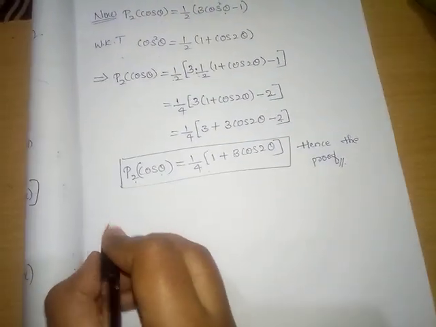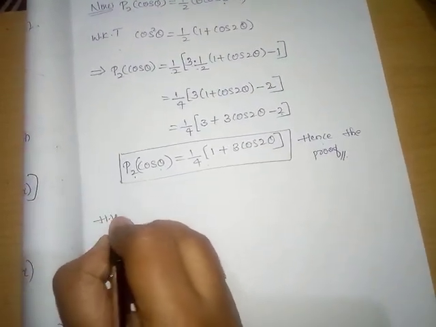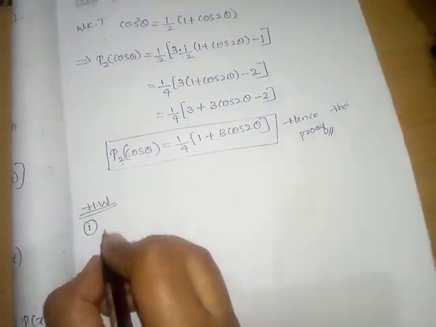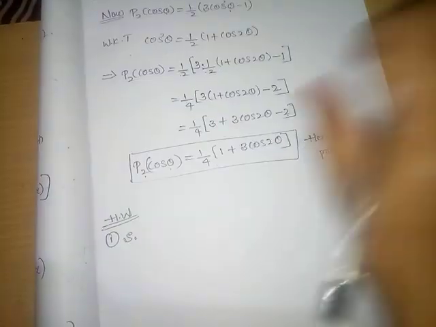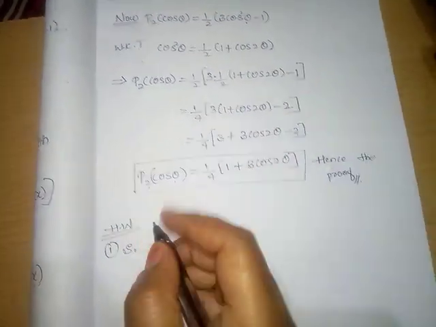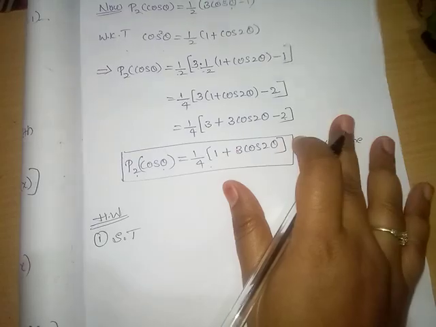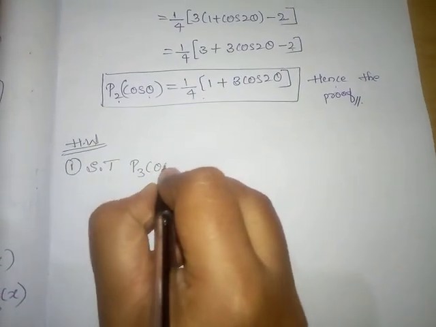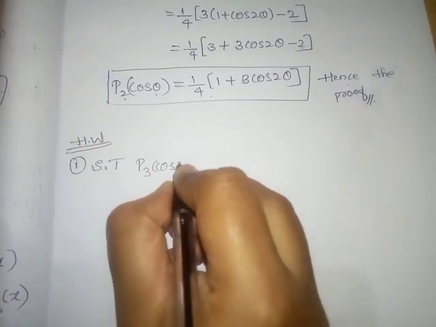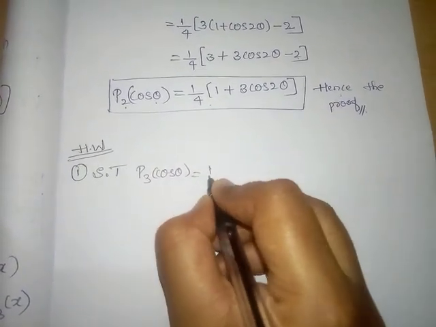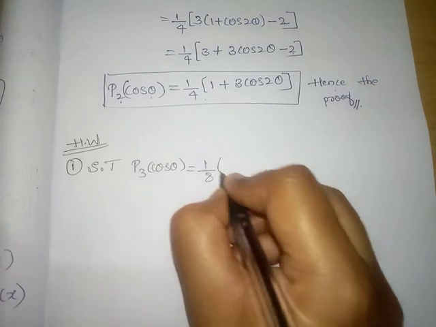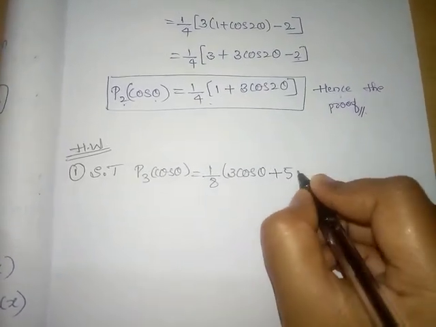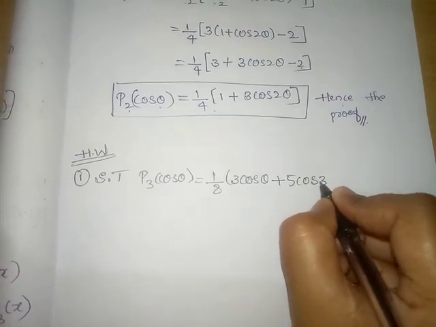In a similar way, we will give you one homework example. Homework example. First one, show that P3 of cos theta is equal to 1 by 8 into 3 cos theta plus 5 cos 3 theta.